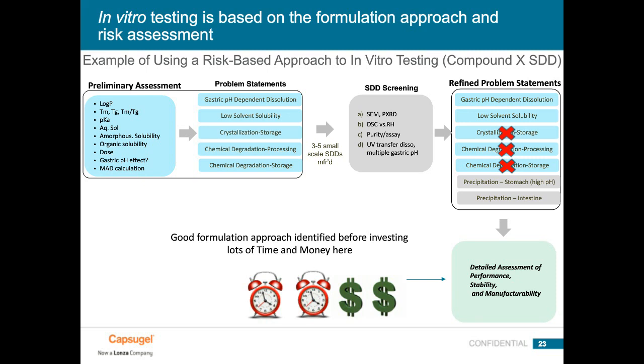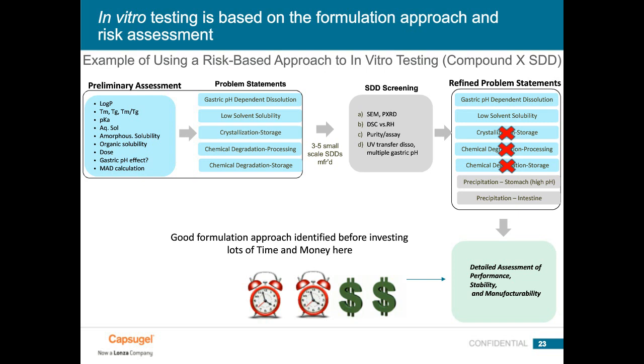This is just a theoretical example for a compound which maybe is a weak base, and therefore has gastric pH-dependent dissolution highlighted as a problem statement. Maybe its solvent solubility is an issue for certain formulations.